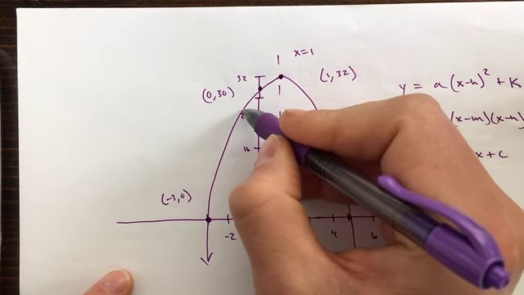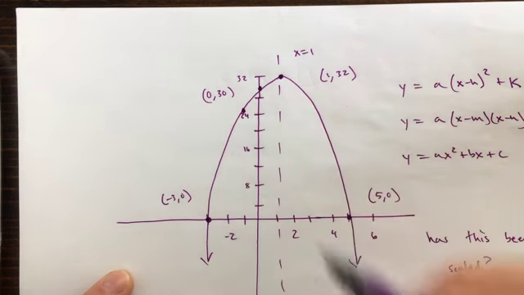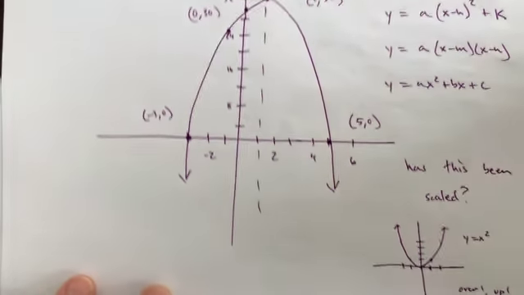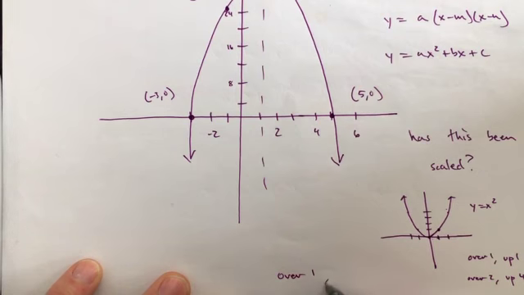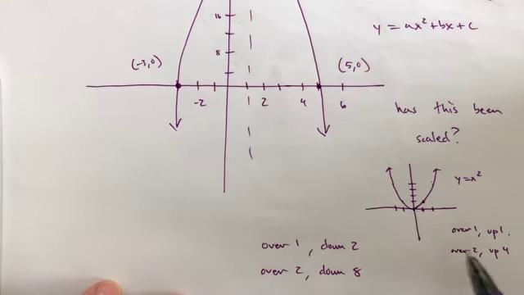This point right here looks like it's at negative 24. So instead of going over 1, up 1, I went over 1, down 2, and I went over 2, down 8. So compare those. Over 1, up 1, over 1, down 2, over 2, up 4, over 2, down 8.